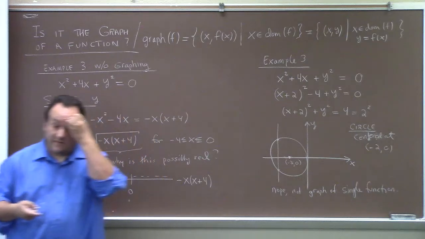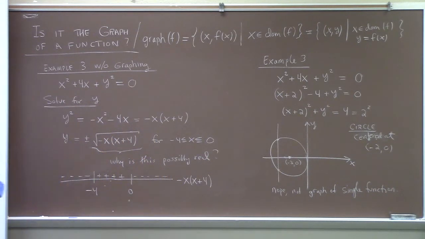So let me replace the question I originally asked. Is this the graph of a function? With a separate but slightly related question: is this the graph of a pair of functions? Could we find two functions for which the circle is a graph? Yeah, we could, right? The plus gets us the top, and the minus gets us the bottom.